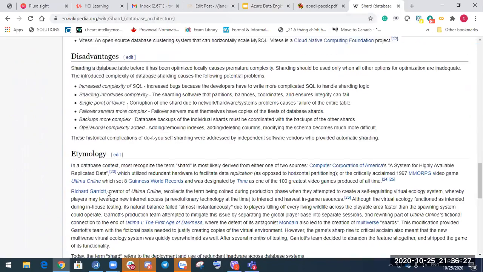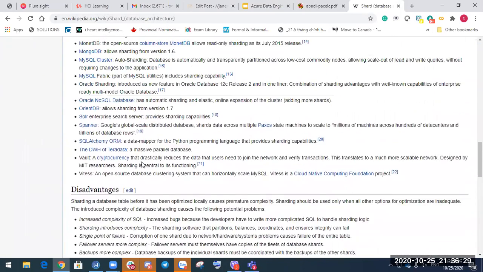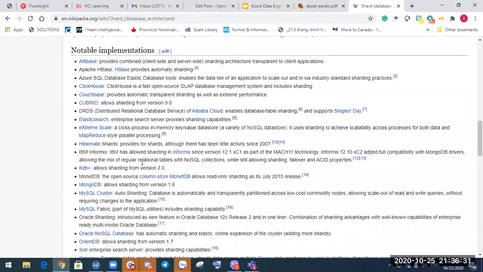You can see here they also have the advantages and disadvantages, and you can see the different databases have implementations of sharding and how they control sharding. For example, HBase provides automatic sharding, and controlling and managing sharding is very important. Each database will have different tools for that.